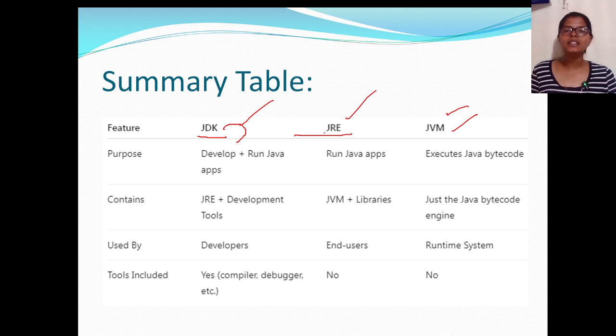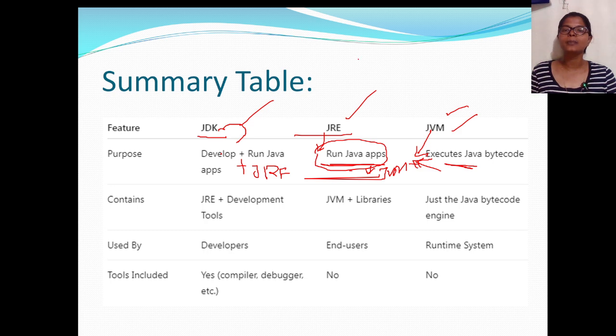JRE is particularly to run the Java application, because JDK contains the development toolkit plus JRE. JRE provides the runtime environment. It includes the JVM, which executes the Java bytecode, converted from the source code to bytecode using the compiler.